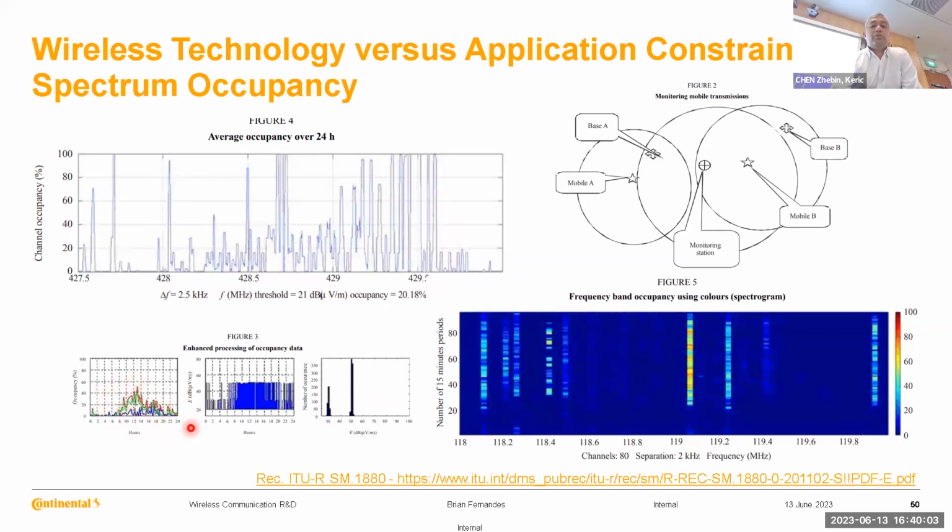For example, here you see the spectrum occupancy increases very high at 12 p.m., or 12 in the afternoon, and it could be very low in the nighttime. So then you already have a utility here to use this technology if you have an application that only works at night, for example.